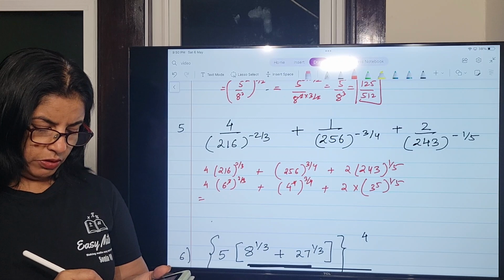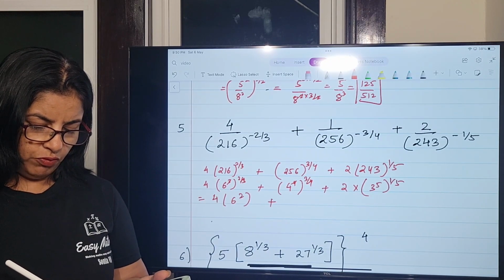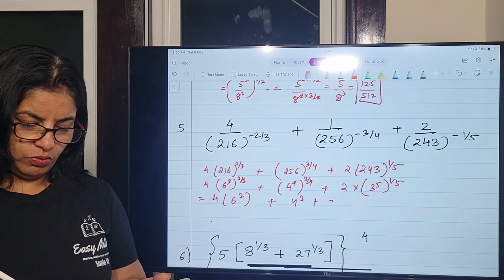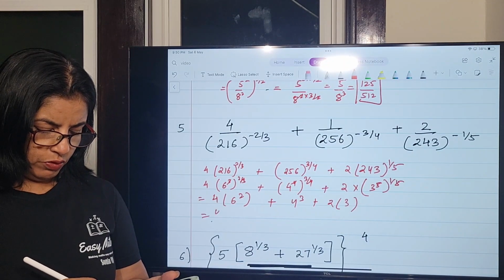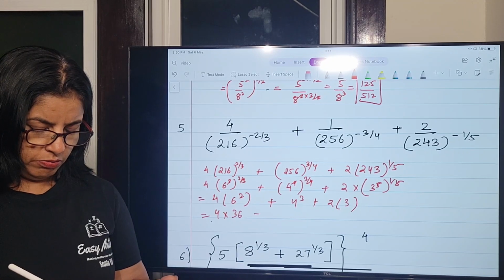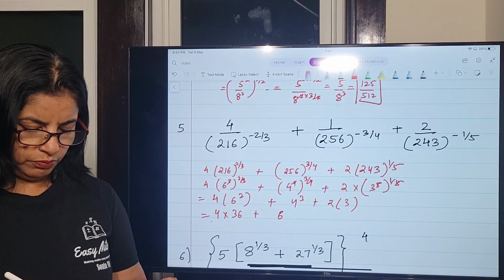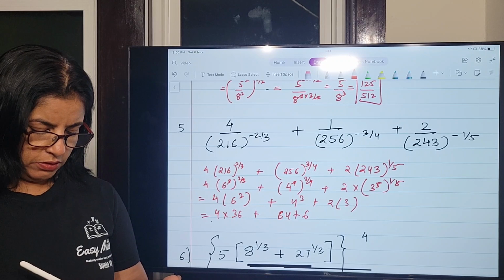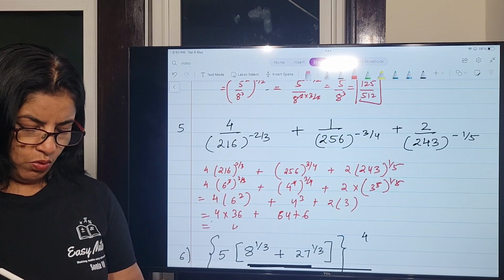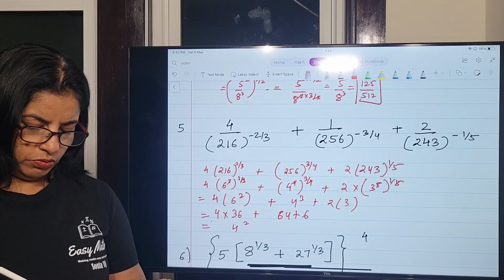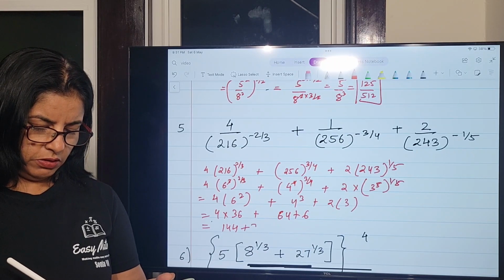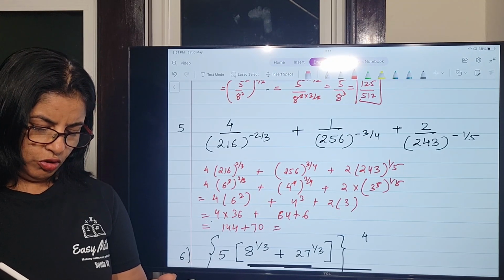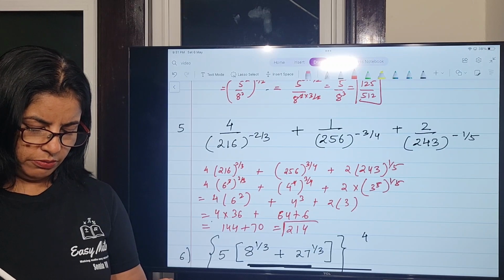Next step, you get 4 into 6 square plus 4 cube plus 2 into 3. So this is 4 into 36 plus 64 plus 6. This is coming as 144 plus 70. So you get 214. That's your answer.